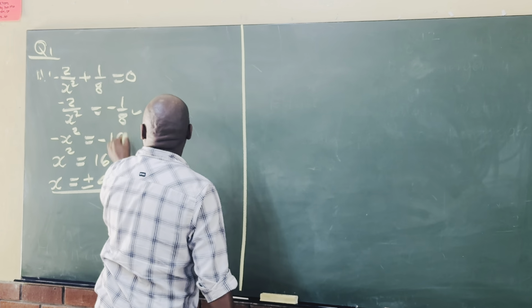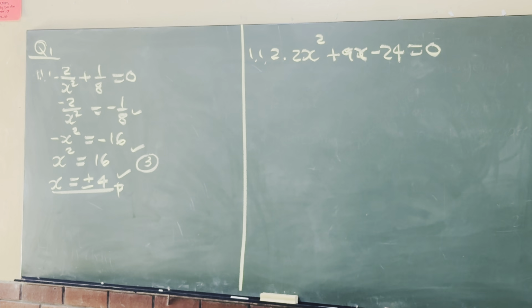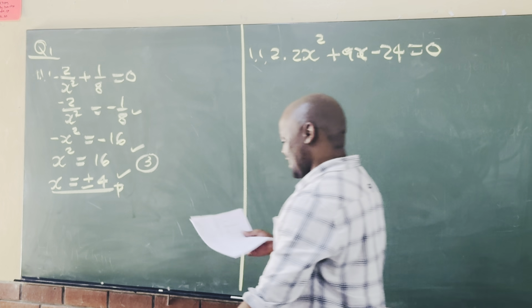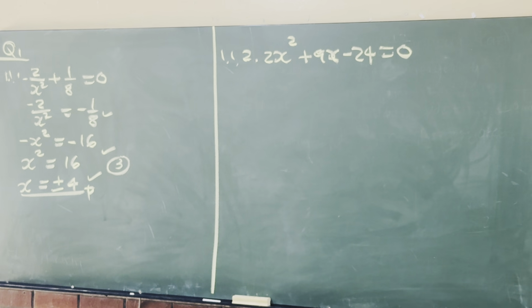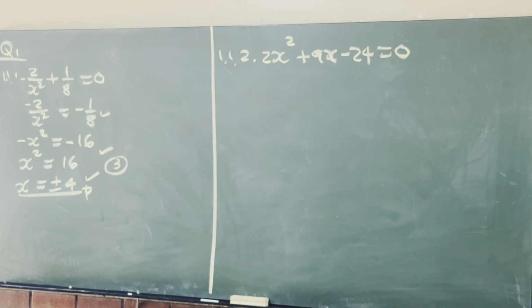1.1.2 says 2x squared plus 9x minus 24 is equal to 0, for 4 marks. Solve for x, correct to 2 decimals. For sure, you know that you have to use the quadratic formula.